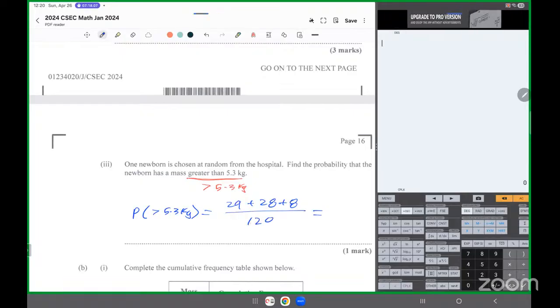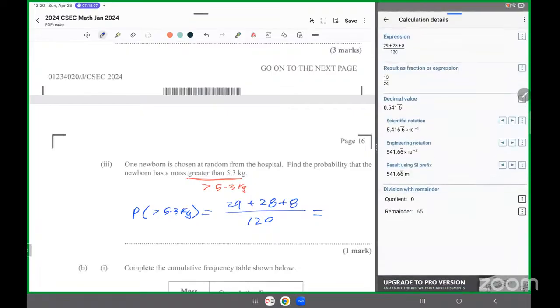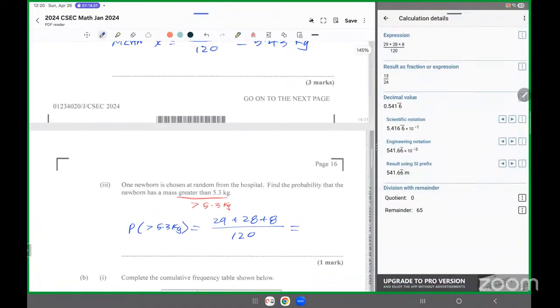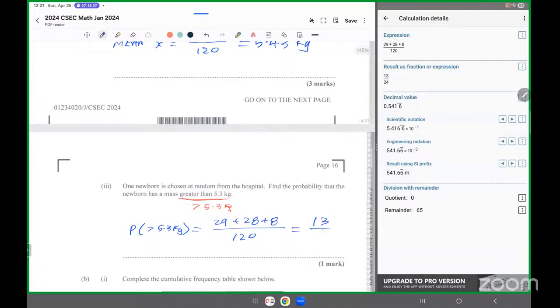Work that out. Give it as a fraction. It's 13 over 24.